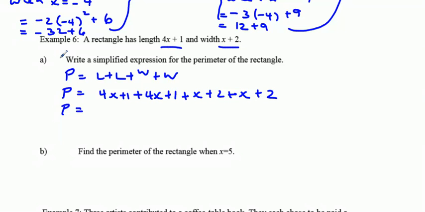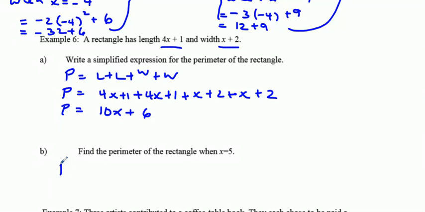When we gather up all our like terms, 4x plus 4x plus x plus x, that's 10x. Our numbers, 1 plus 1 is 2, plus 2 is 4, plus another 2 is 6. So the perimeter has a simplified expression of 10x plus 6.